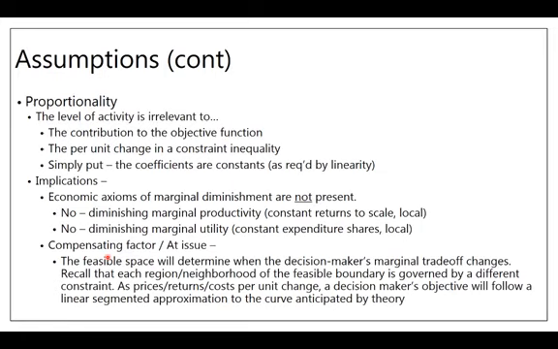So first, proportionality. This just means that the level of activity is irrelevant to the contribution to the objective function or the unit's change in a constraint inequality. Simply put, these coefficients in the model are going to be constants. If the first acre earns me $50 of gross margin, the 50th acre is also earning me $50 of gross margin. So that's proportionality.